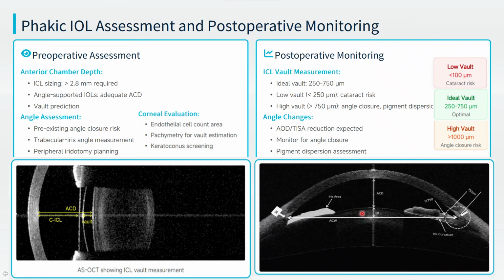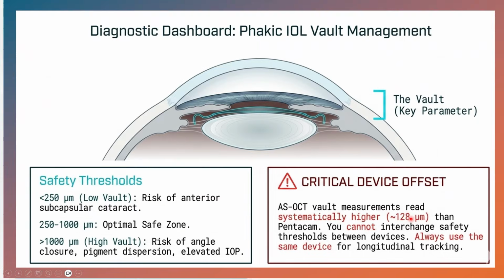This is done for the crystalline lens, that's the normal lens, or also we do it for the ICL or phakic lenses. So this slide shows how we measure the vault. This is the ICL. So we have to keep a minimum of 250 microns from the lens to avoid cataract formation, and a minimum of 750 from the iris to avoid pigment dispersion.